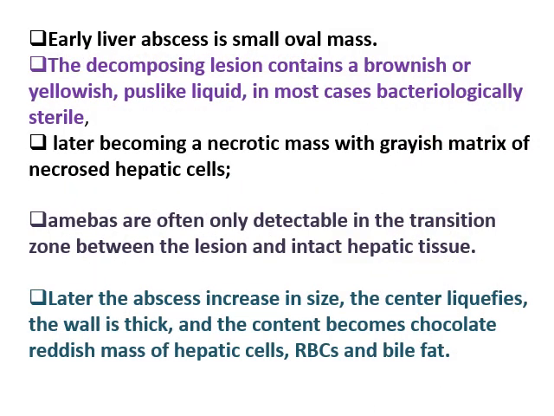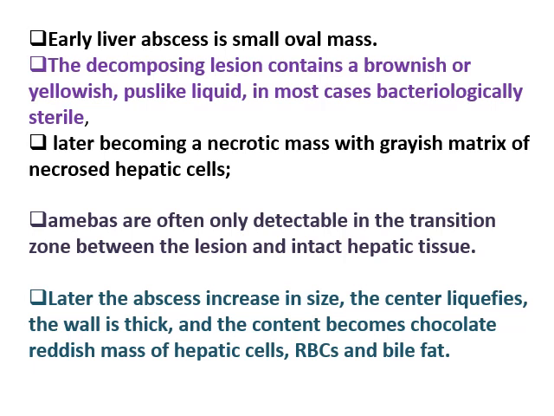Early liver abscess is a small oval mass. The decomposing lesion contains a brownish or yellowish pus-like liquid, in most cases bacteriologically sterile. Later it becomes a necrotic mass with a grayish matrix of necrosed hepatic cells.